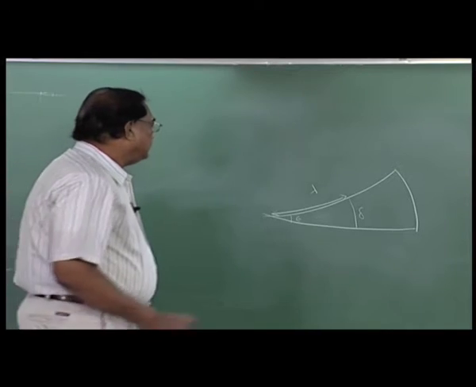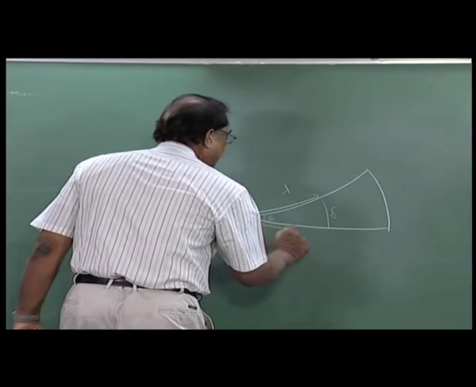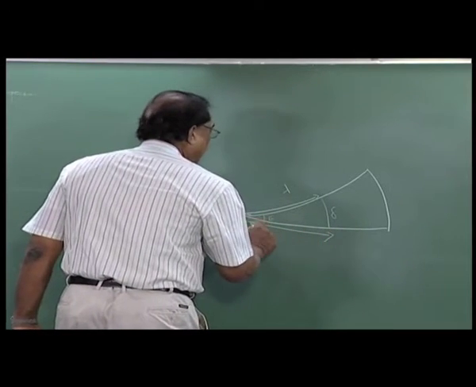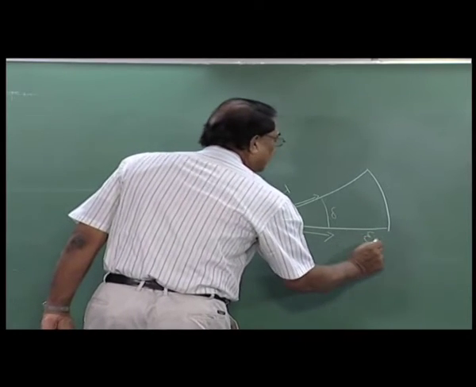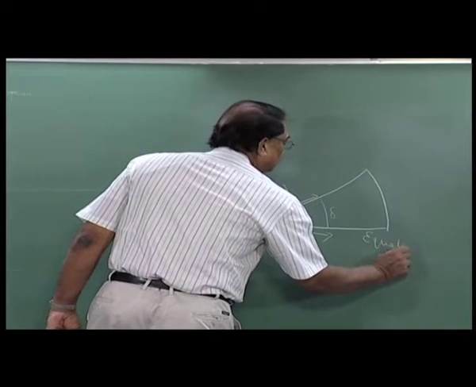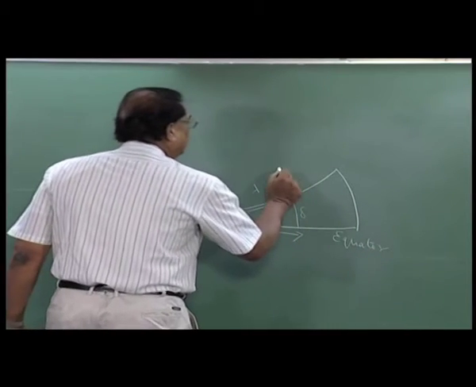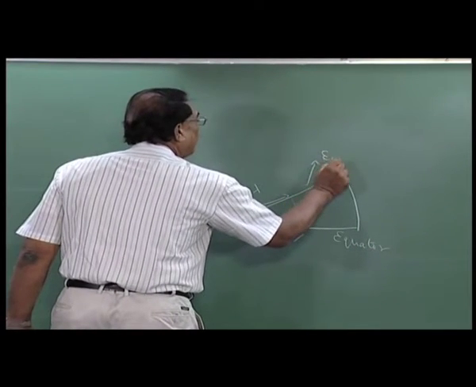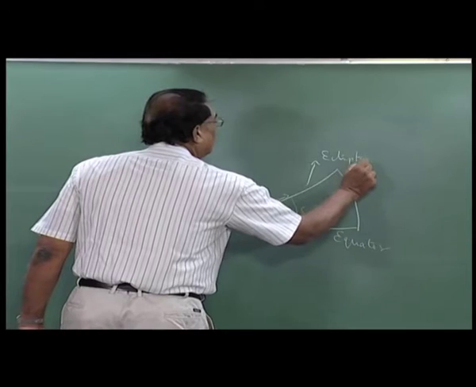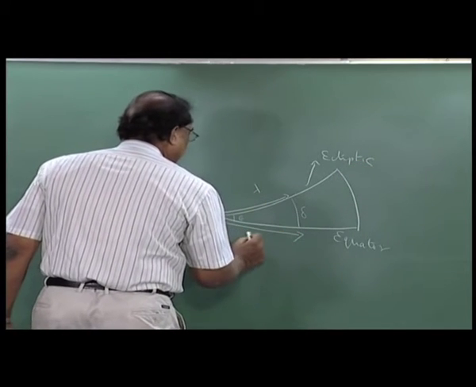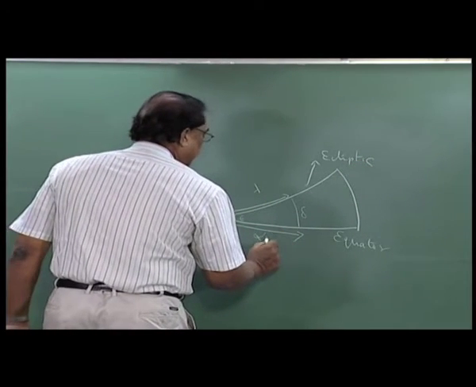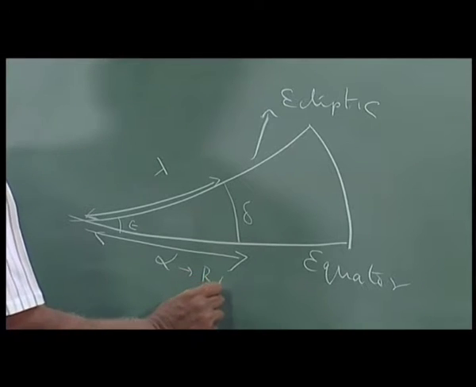Now, the projection of this longitude on the equator, this is the equator and this is the ecliptic. The projection of this on the equator is called the right ascension, denoted by the symbol alpha.